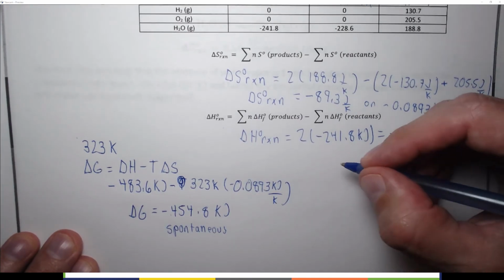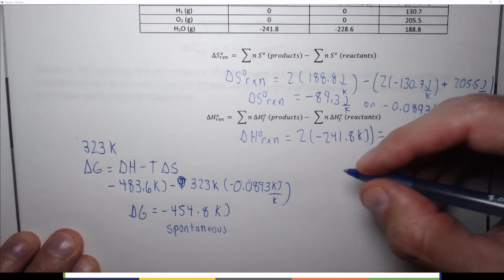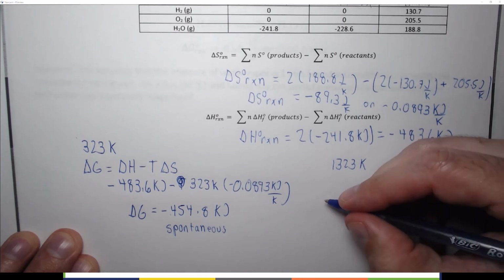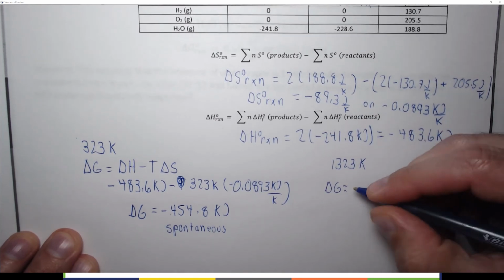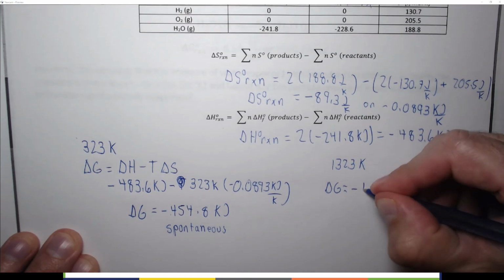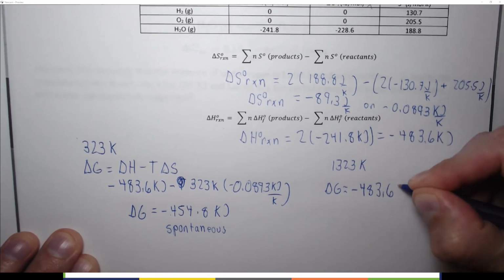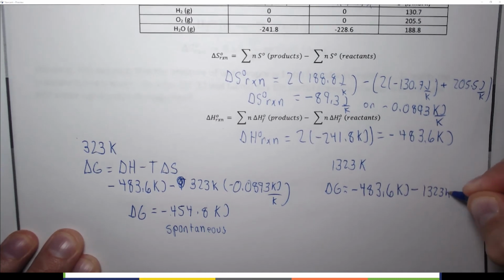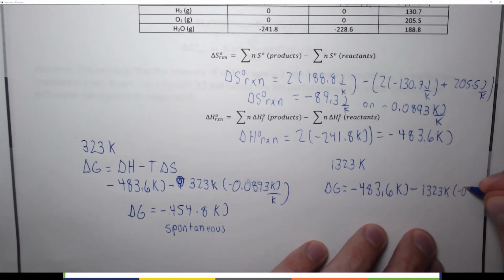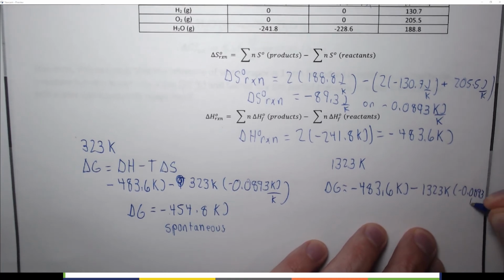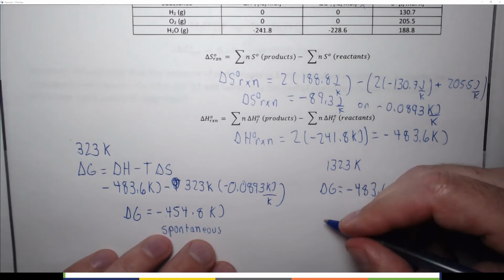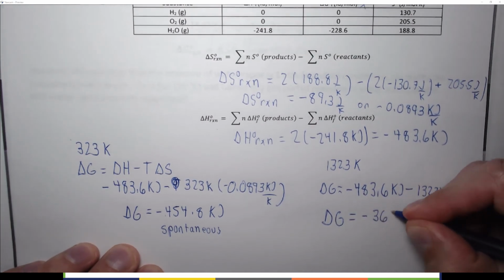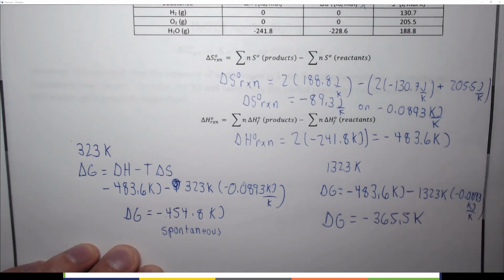I again need to add 273 to that, which comes out to be 1323 K. Now plugging in, delta G equals the same delta H, minus 483.6 kilojoules, minus 1323 K times negative 0.0893 kilojoules per K. And when I do that, I find that delta G is equal to minus 365.5 kilojoules.